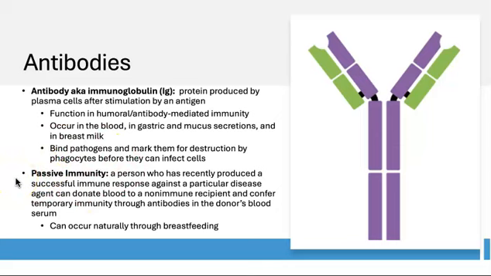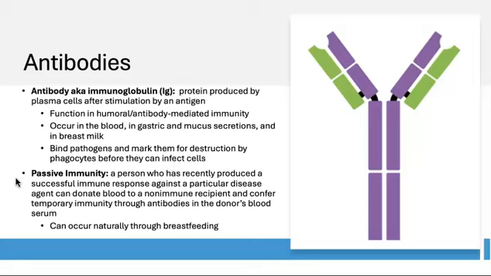This is when a person who has produced a successful immune response to a particular disease agent, so bacterial cell or virus, can donate blood to a non-immune recipient so that they can get temporary immunity through antibodies in the donor's blood serum.